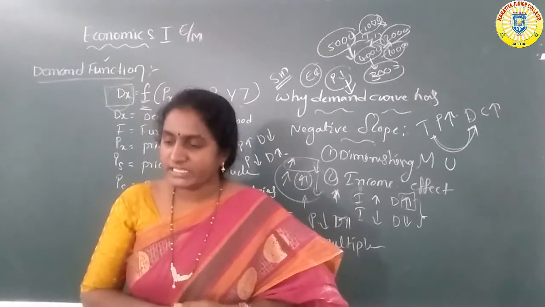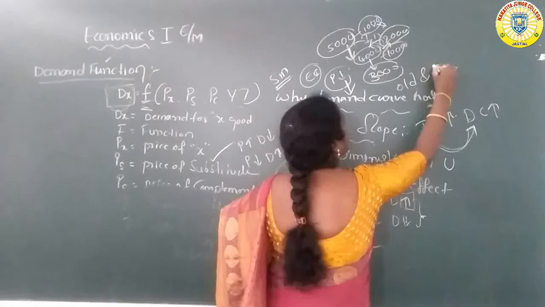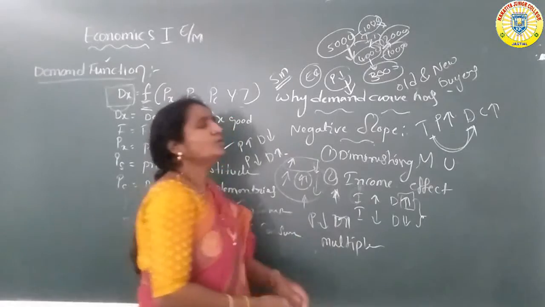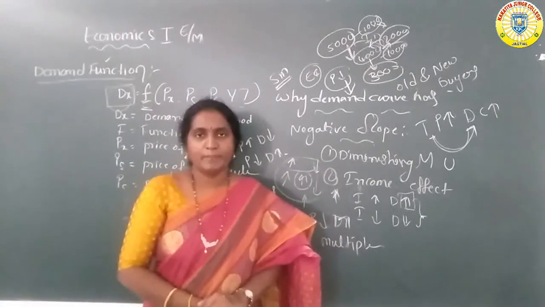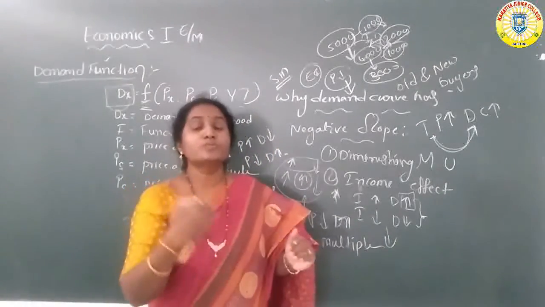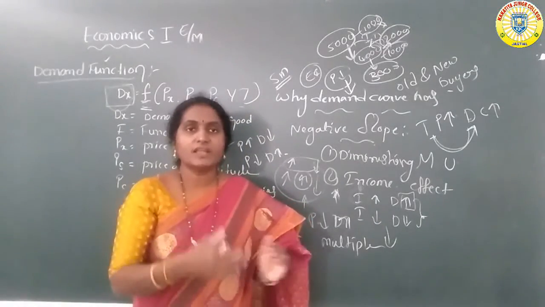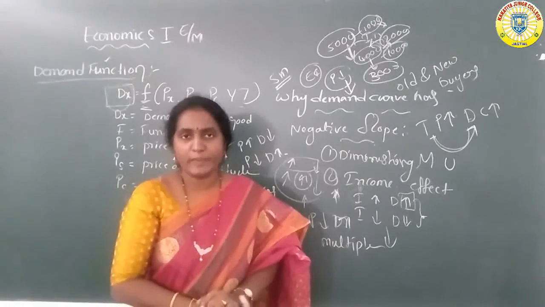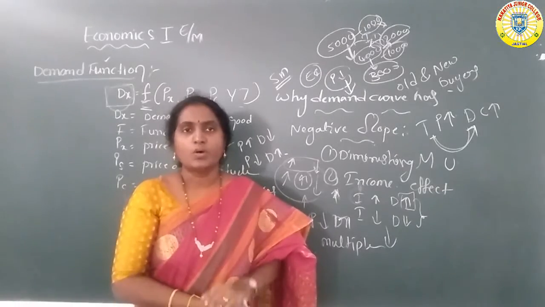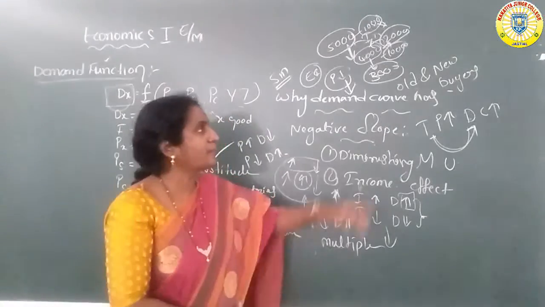And next one is old and new buyers. This is one of the main important reasons. When the price level declines in the market, old buyers purchase more goods and new buyers also enter into the market. Why? Because at a higher cost they are unable to purchase that particular good. When the price of that good declines in the market, old buyers purchase more of the good and new buyers also enter the market and purchase more.